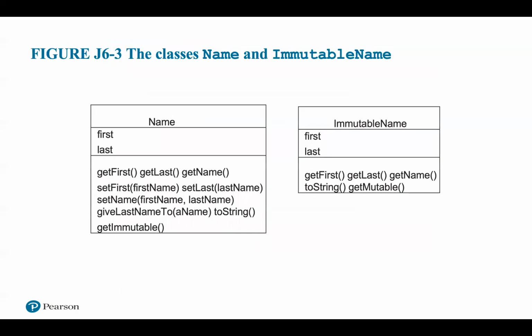What about companion classes? Although immutable objects are desirable for certain applications, mutable objects have their place. Sometimes we will want to represent an object in both immutable and mutable forms. In such cases, a pair of companion classes can be convenient.